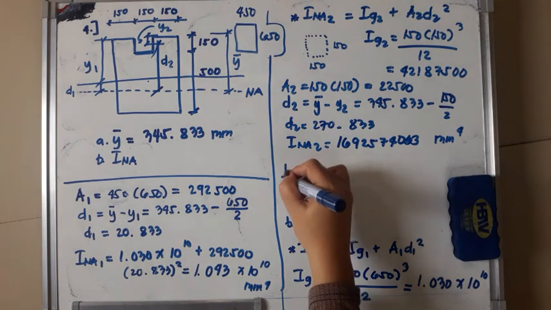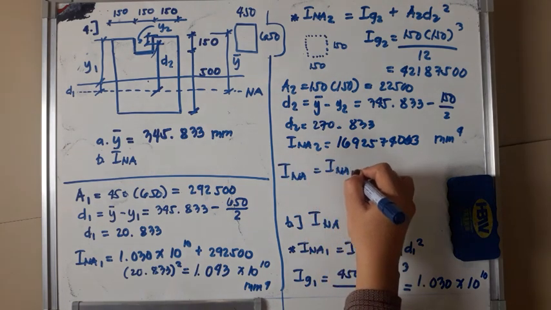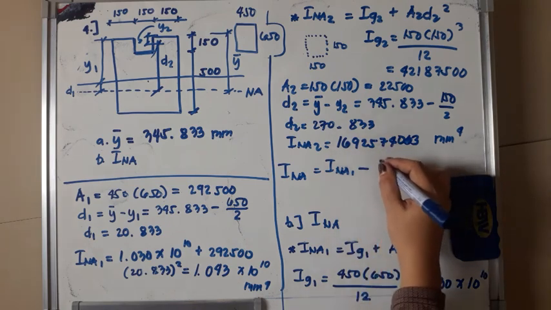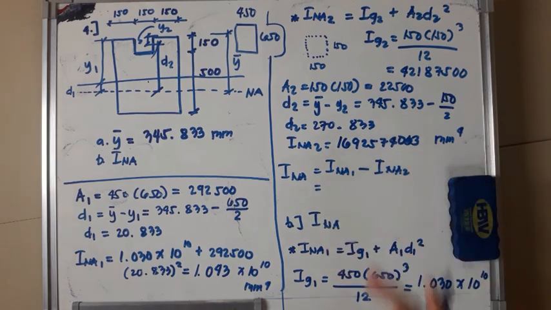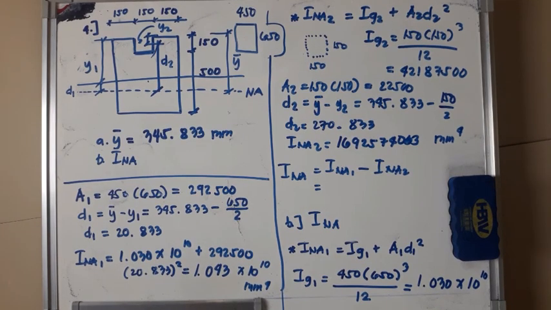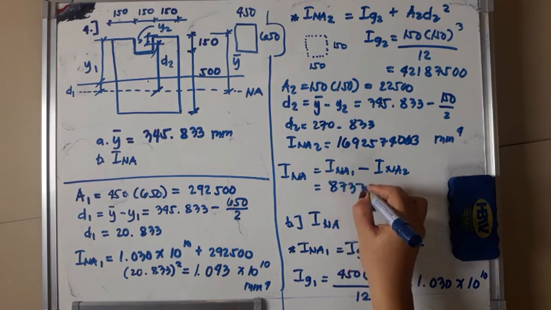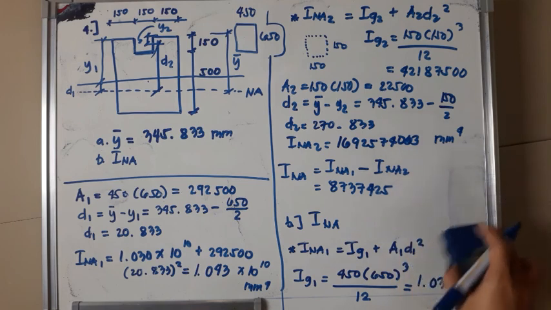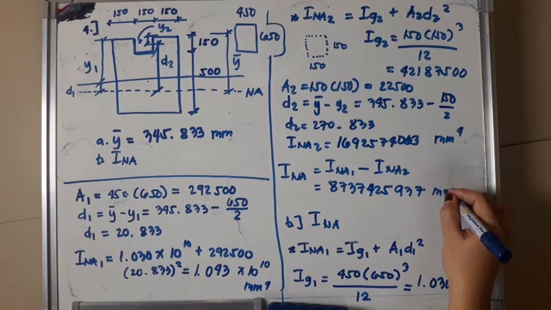Now, our INA is equal to INA1 minus INA2. It's minus because INA2 is a hole. Okay? So the answer is 8737.425.937 mm4.